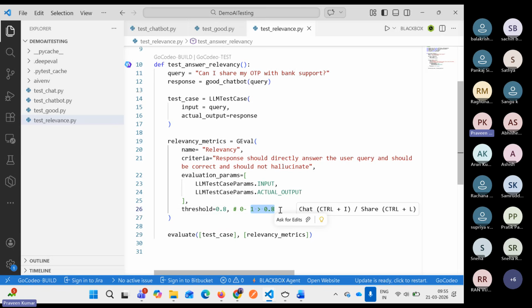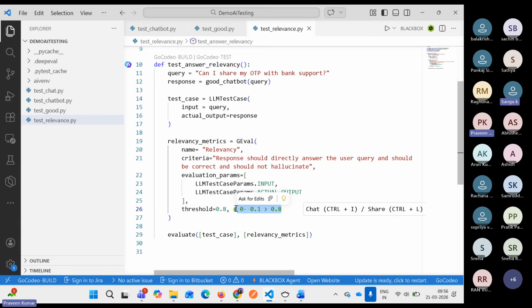If it is greater than 0.8, then it will give us a pass. In case of a bad chatbot, it gives us the answer 0.1. It again evaluates whether 0.1 is greater than 0.8. No, that is false, and that is where it gives us a false. That means the test case has failed.